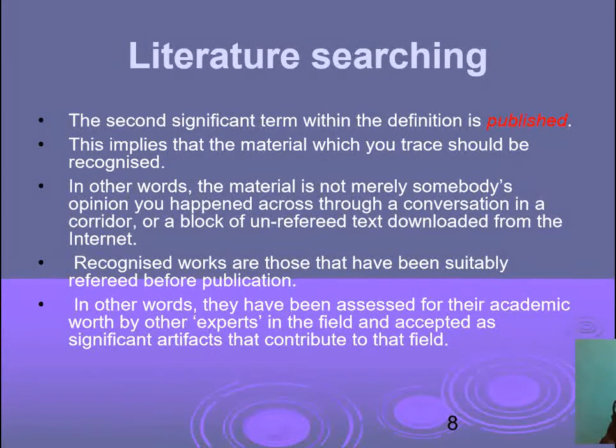Generally you go for a search on the internet, you get a lot of results, but the biggest issue is that it is not a published or accepted work. It could be simply an opinion by somebody else.